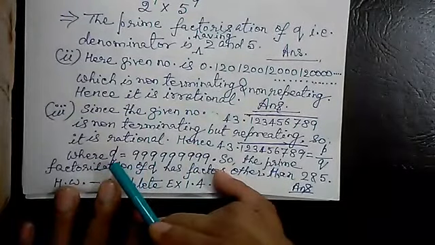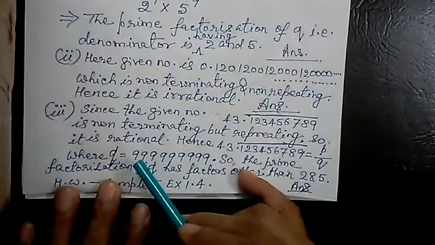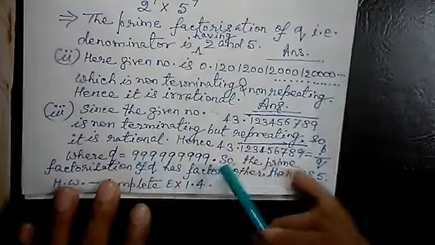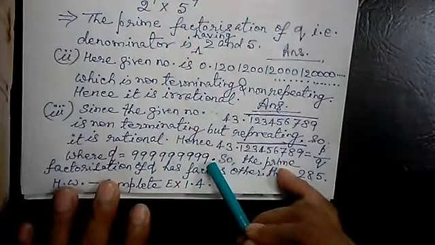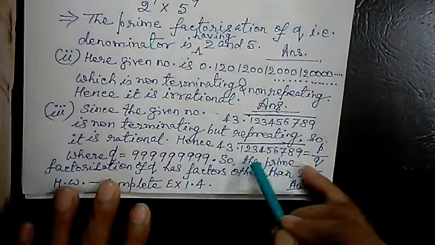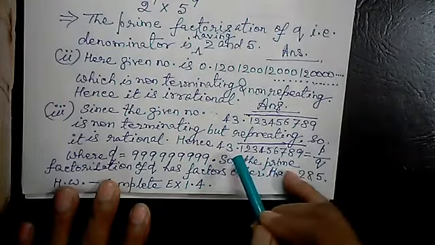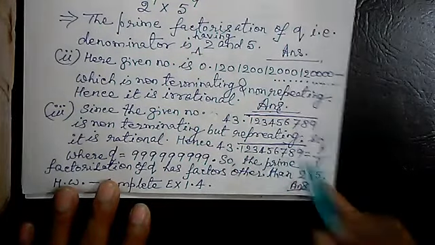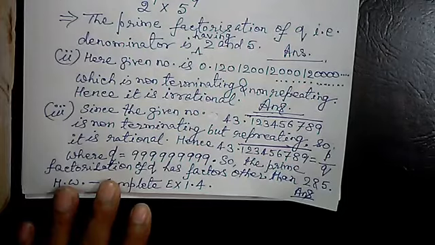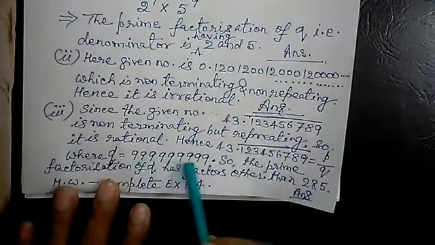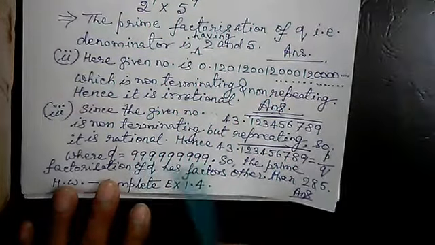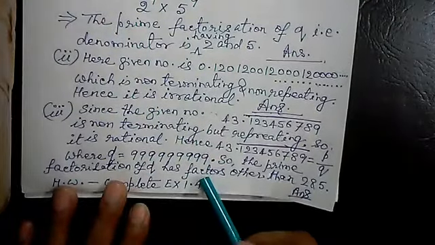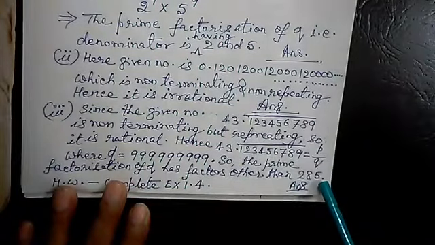Here the denominator q will be 999999999, a total of 9 nines, because after the decimal the repeating block is of 9 digits. So the prime factorization of q has factors other than 2 and 5.